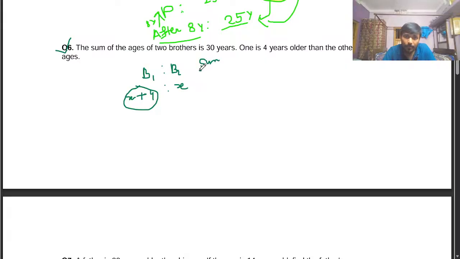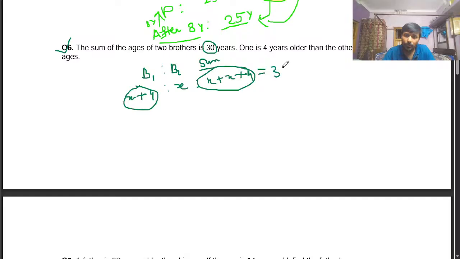Sum will be x plus x plus 4. Here it is said sum is 30 years. So this equals 30 years.